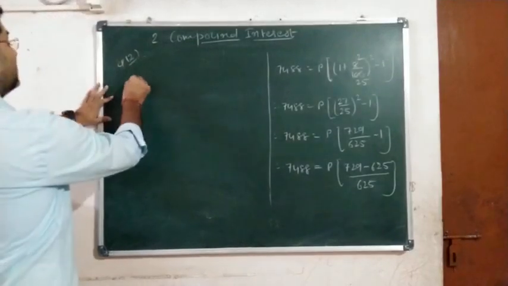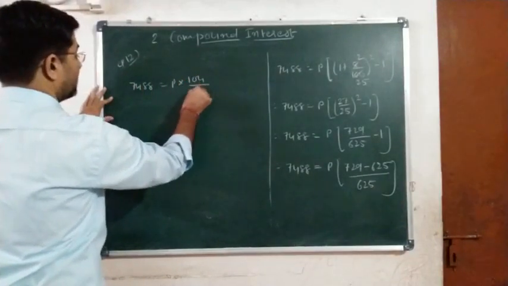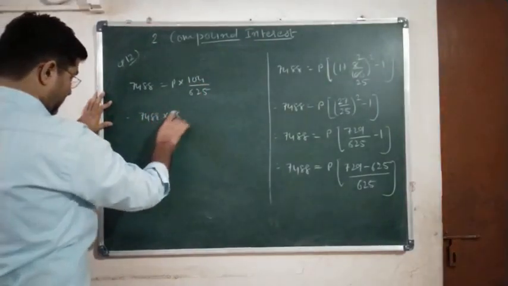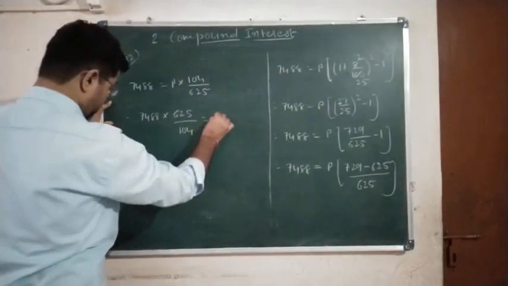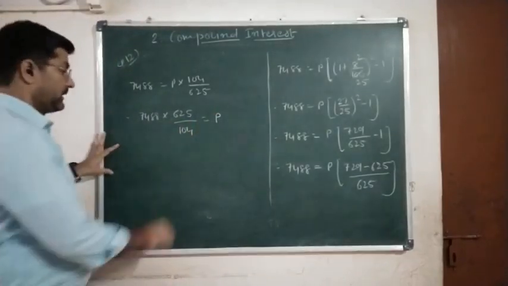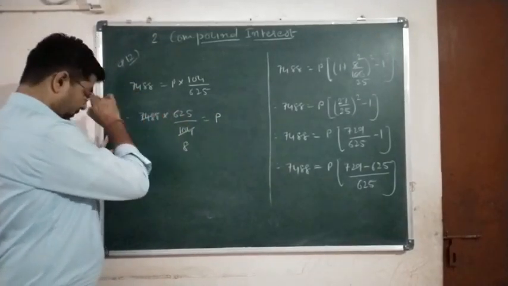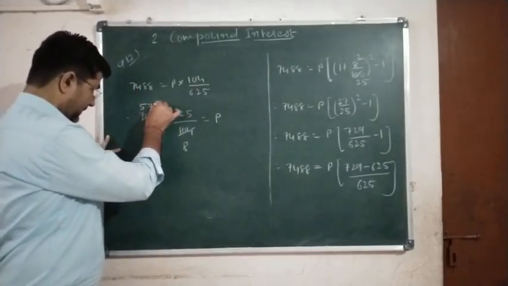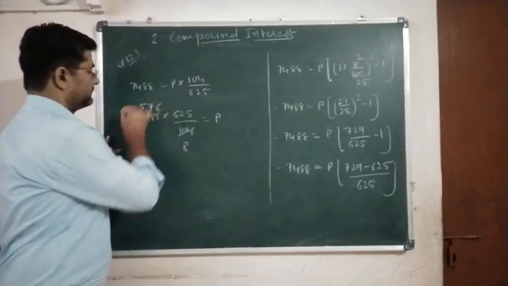Now 7488 is equal to P into 104 upon 625. Therefore 7488 into 625 upon 104 is equal to P. And now let us reduce by 13. 13 8s are 104. 13 5s are 65, 13 7s are 91, and 13 6s are 78, yes or no?